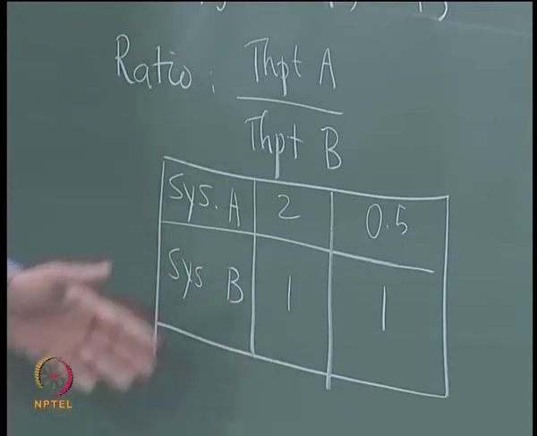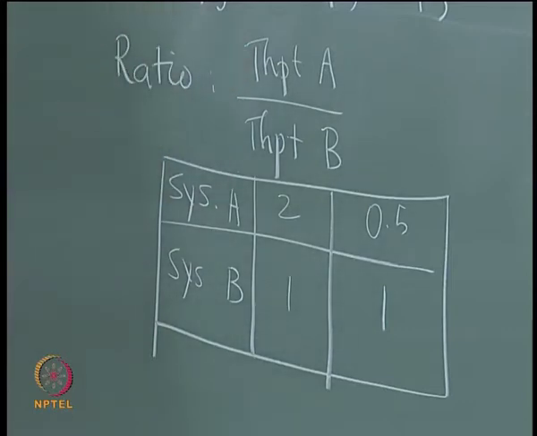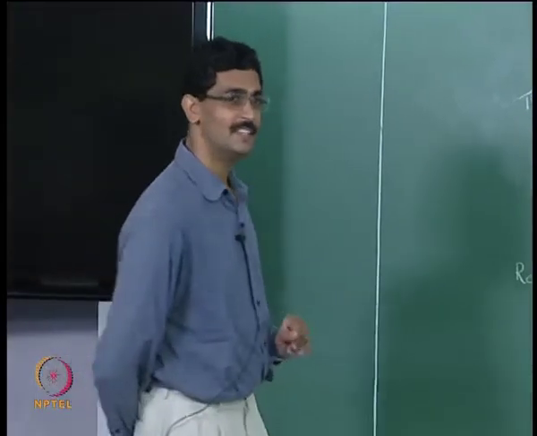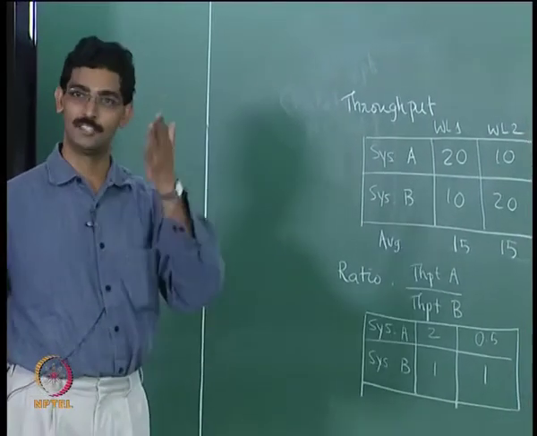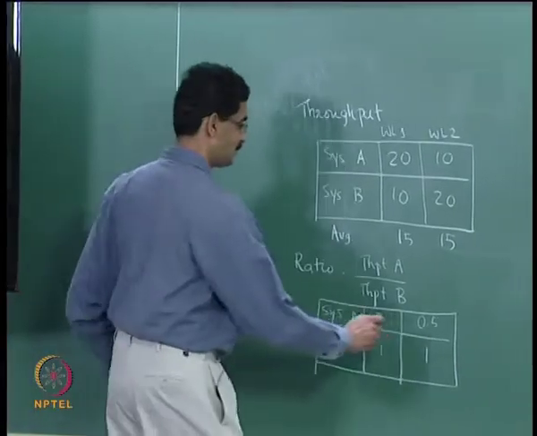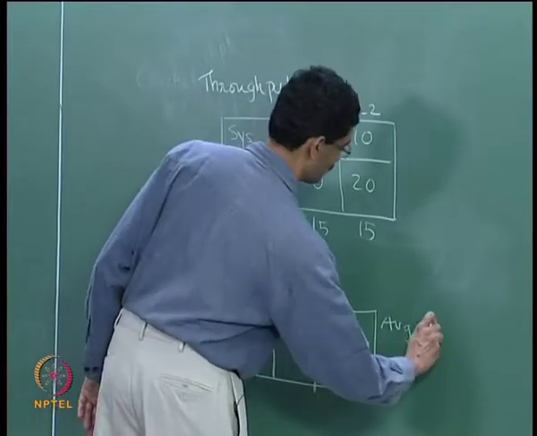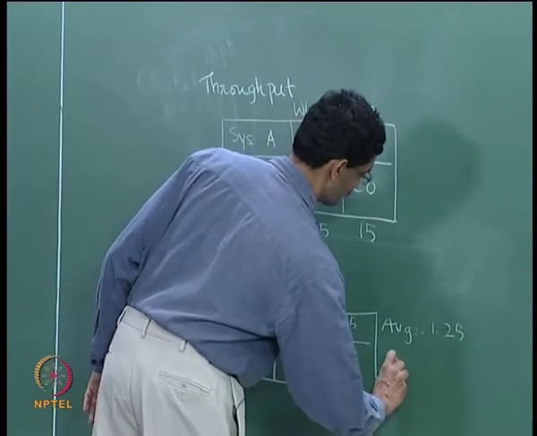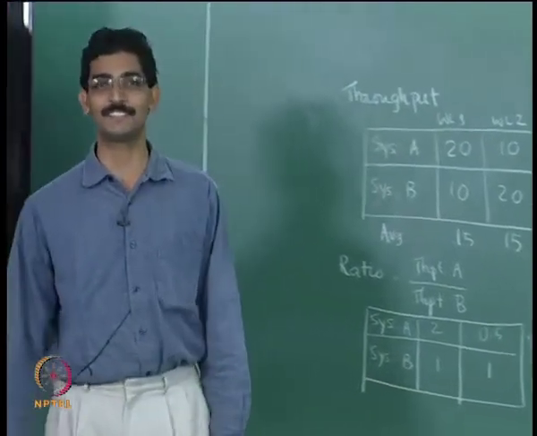System B is compared to system B, therefore the ratio is 1. System A is compared to system B, therefore the ratios are 2 and 0.5. Then I say, okay, my metric is this ratio, and I will compute the average improvement of system A with respect to system B. The average of 2 and 0.5 is 1.25, and the other average is 1. Therefore system A is better than system B.